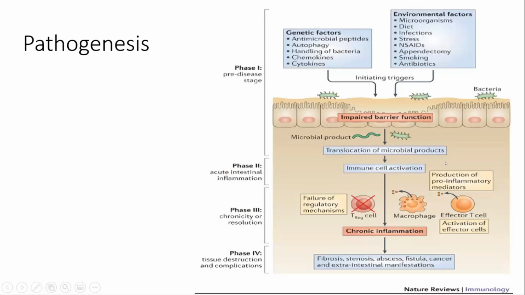Okay, so again, this is just to illustrate the multifactorial component of IBD.